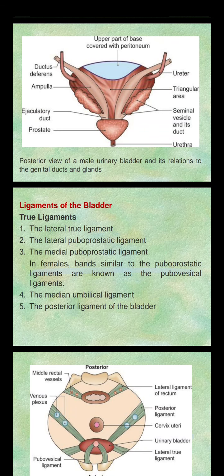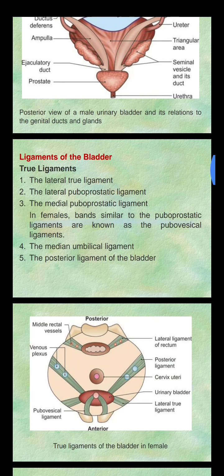So the true ligaments are, first, the lateral true ligament. You can see the lateral true ligaments of the bladder. They extend from the sides of the bladder to the tendinous arch of the pelvic fascia. You can see this rounded portion is the tendinous arch of the pelvic fascia.